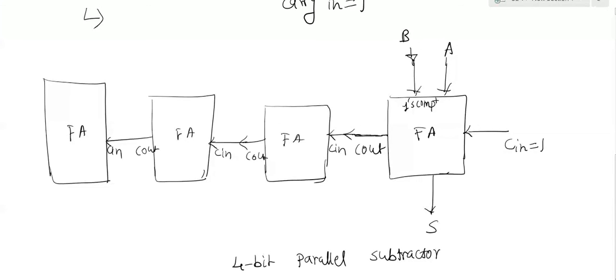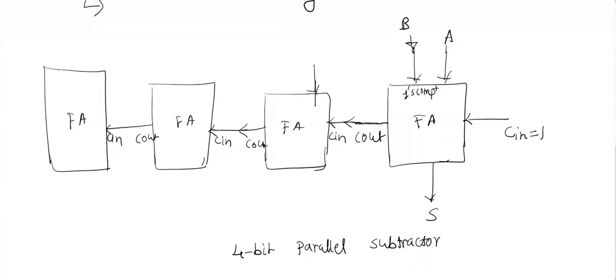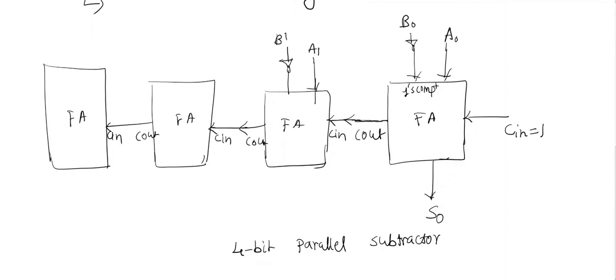The inputs I am giving here are A0, B0. This is the output S0. This is A1 and this is B1. B1 I am giving as an input to the NOT gate. It is giving the 1's complement to the full adder. And the output generated is S1 and the carry.